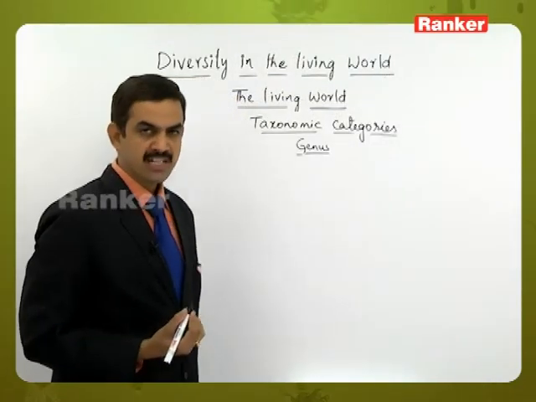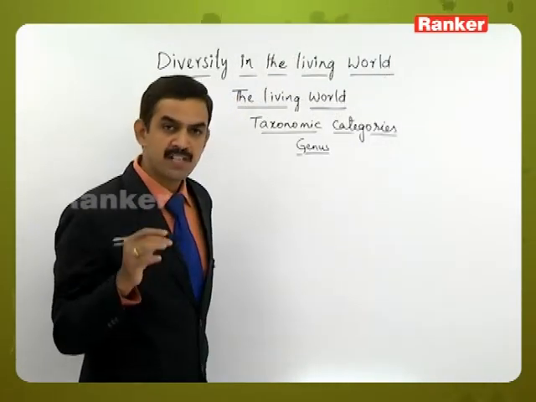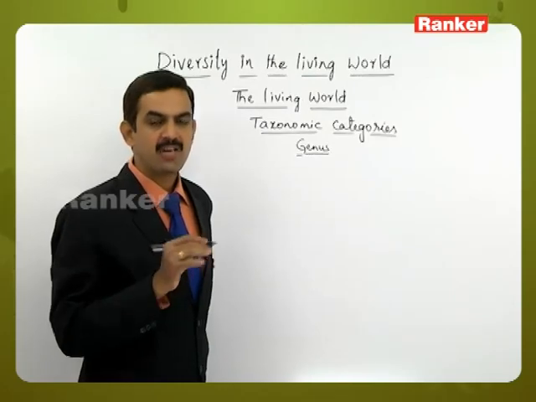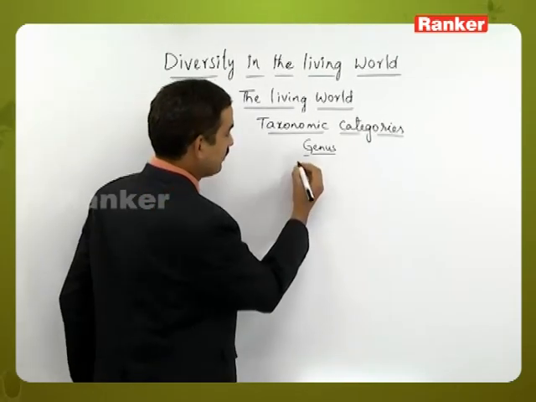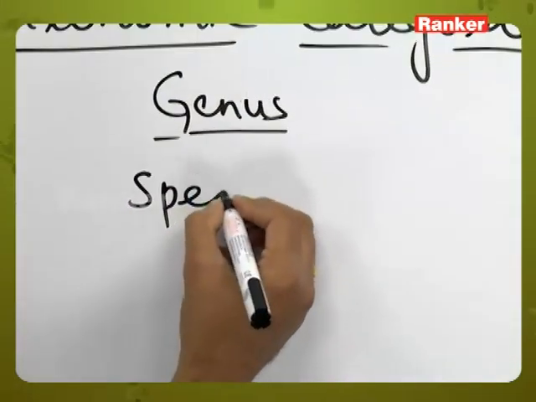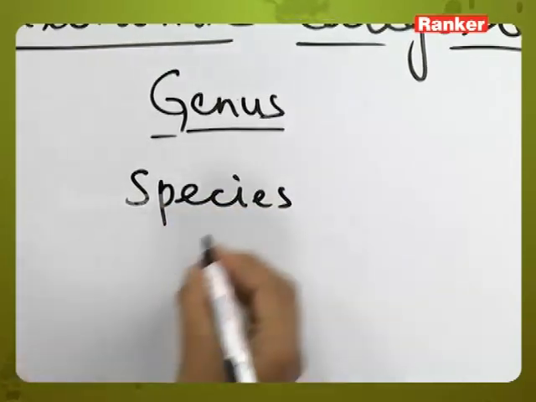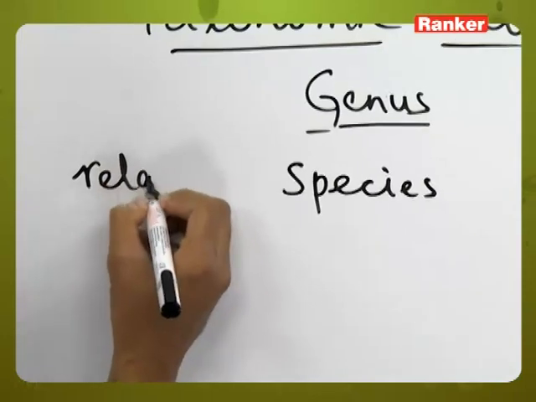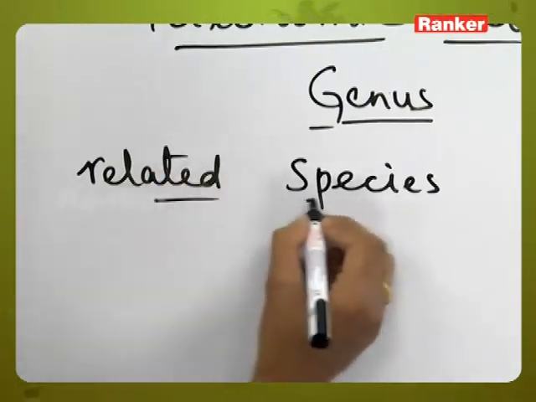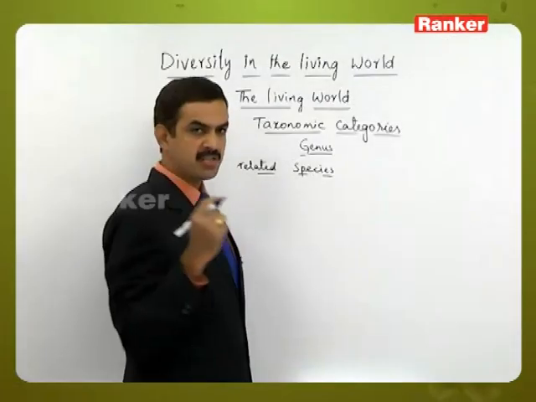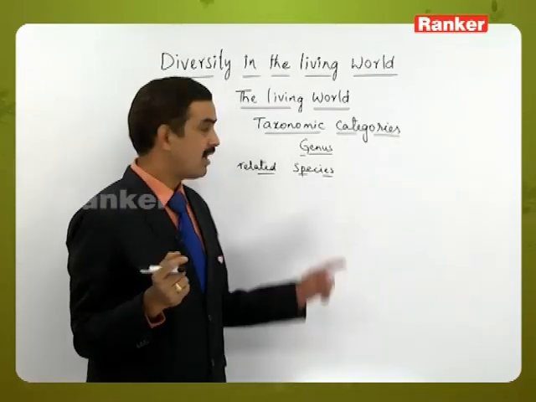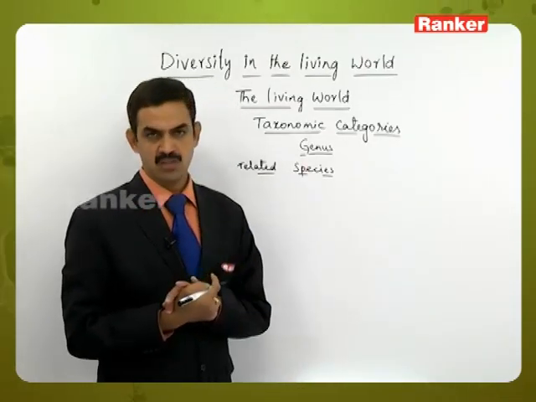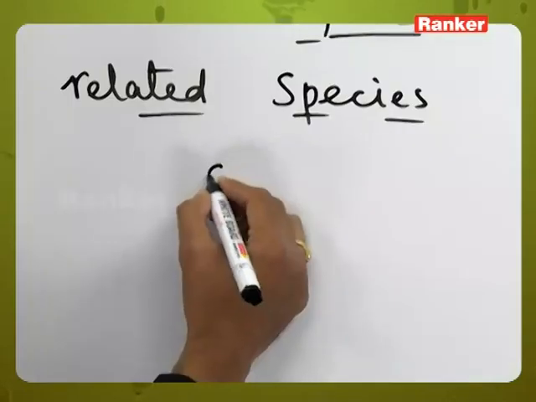Genus includes individuals belonging to different species, but they should have some similarities, that is, related species. Related species means the species with similarities are kept under one genus.